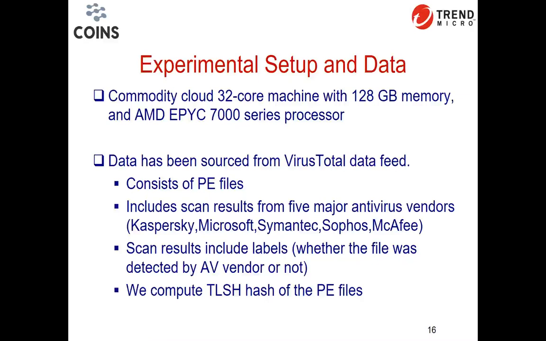The reason that we used a 32-core machine is that some of the algorithms that we compared HAC-T with were parallelized, so that we can make the experiments more tractable. Just note that HAC-T itself runs on a single core and does not need 128 GB of memory. It runs fine with just 16 GB or 32 GB.